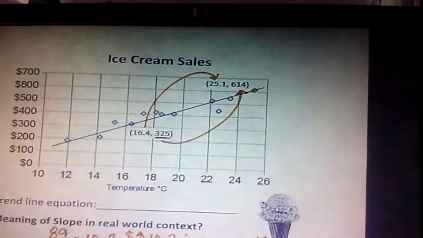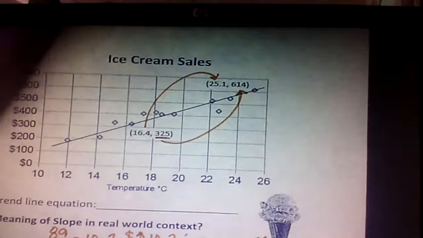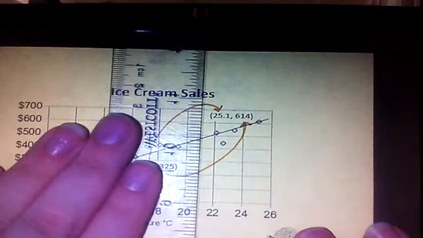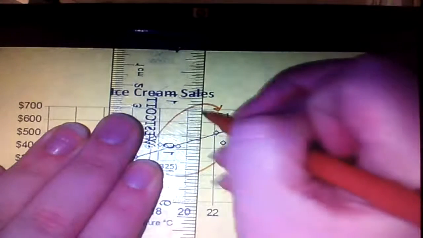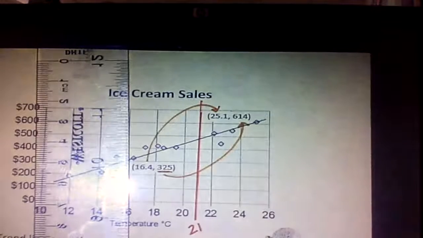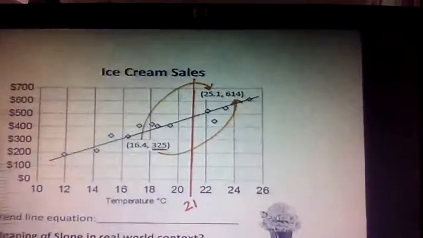Okay, so they want us to find out what would be the expected sales if we're at 21 degrees Celsius. So 21 degrees, that's about here. Oh, I forgot to fill in our trend line equation.